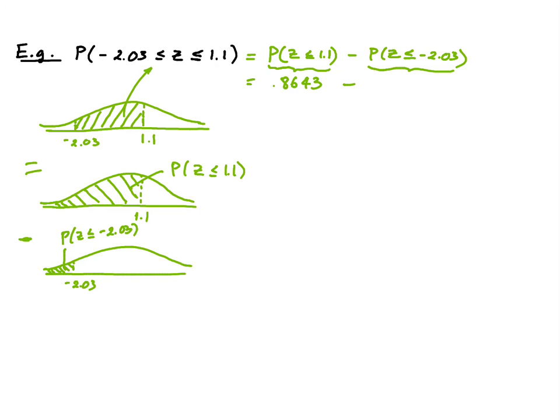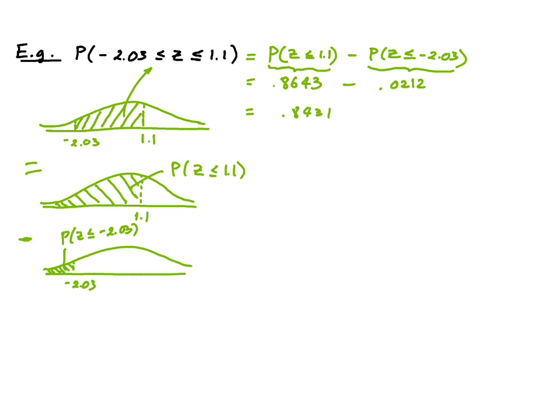So the second term here is 0.0212. And so if you do the math, you get 0.8431 as your answer.